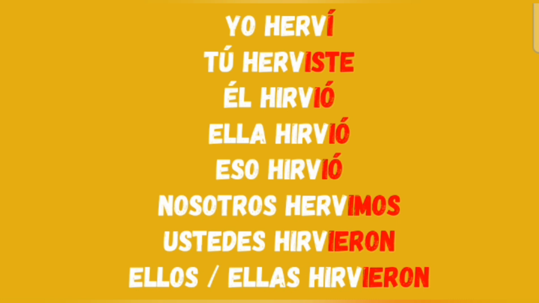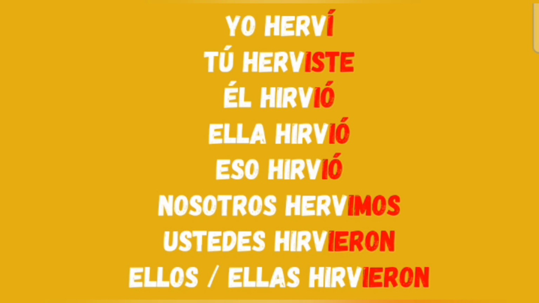Okay, and check the root word. It's exactly the same in these three personal pronouns, the third persons. Él hirvió, hirv, it's the root word. Ella hirvió, she boiled. Ella hirvió, okay, and it boiled, that means eso hirvió.